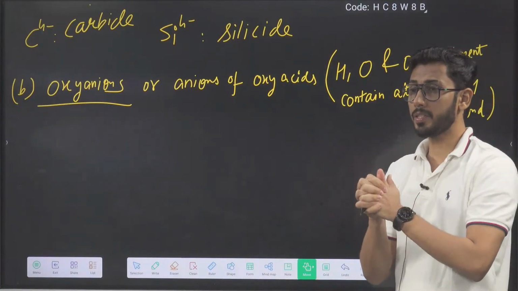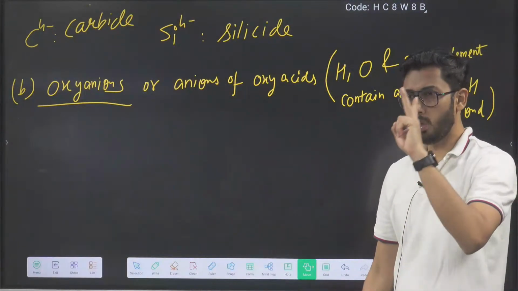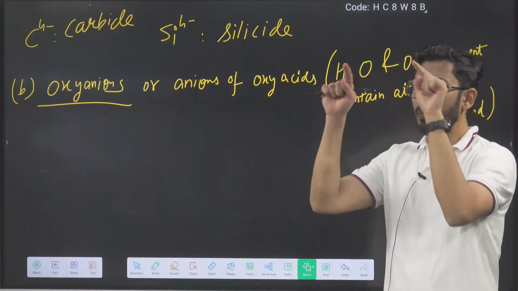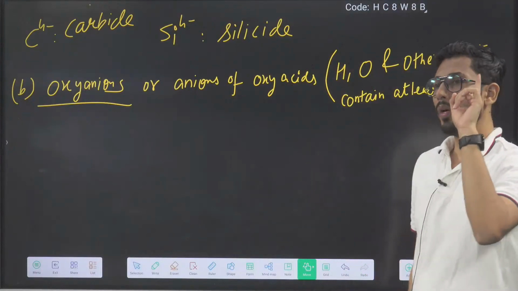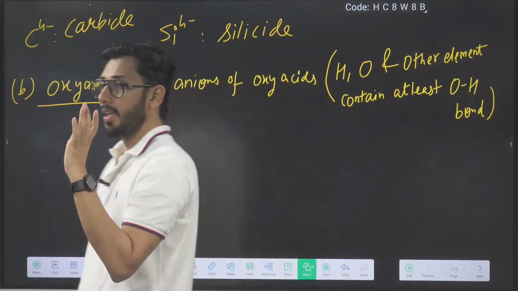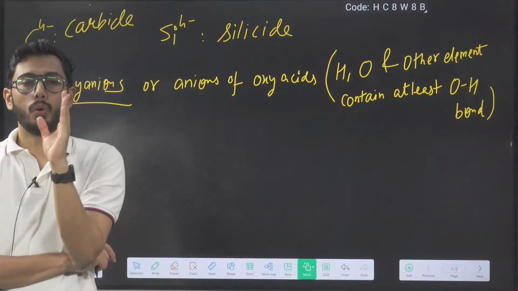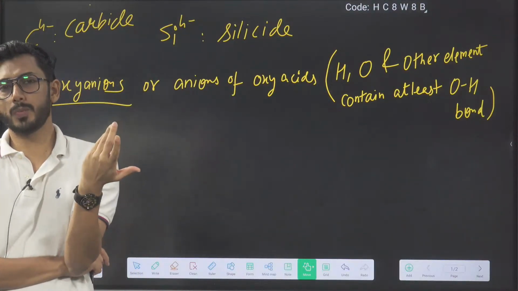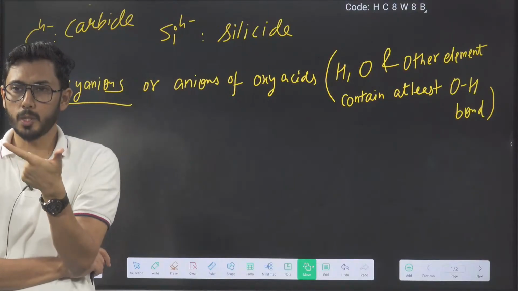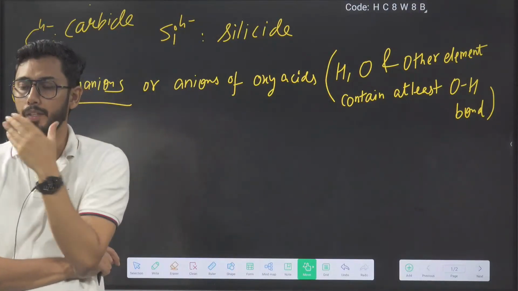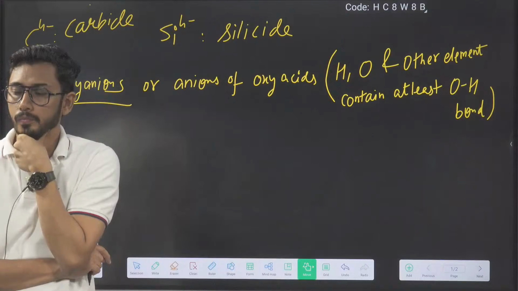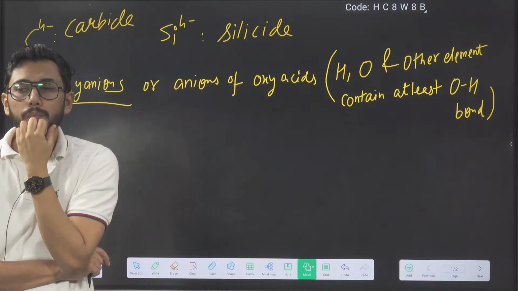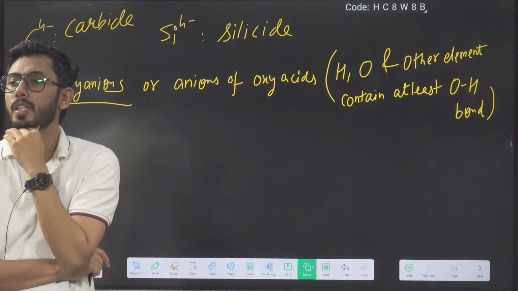Oxyacids, which means H present, oxygen present and some other element, generally a non-metal, and in the molecule at least one OH bond is present. When H plus is lost, it is the meaning of which one? Acid. They will lose H plus and become oxyanion. ठीक है.